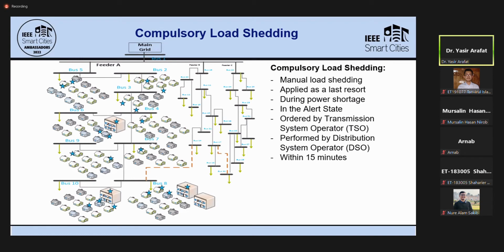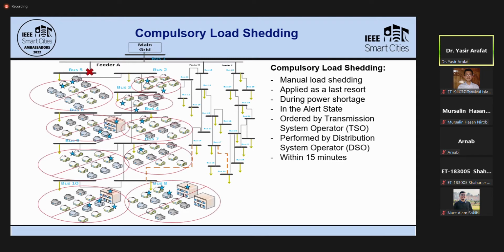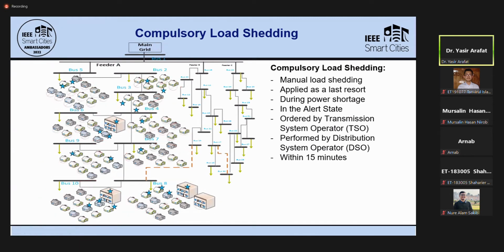Now I'm showing an animation to show that according to current practice, if we disconnect the power from the medium voltage substation, all the consumers under this substation would lose power. But by using smart meters, what can we achieve?